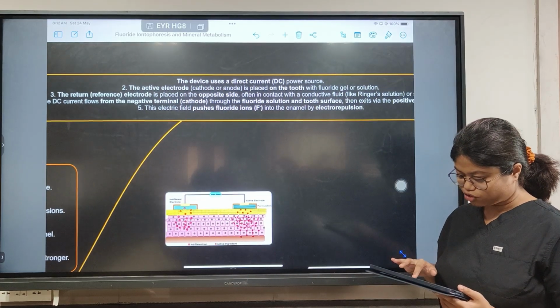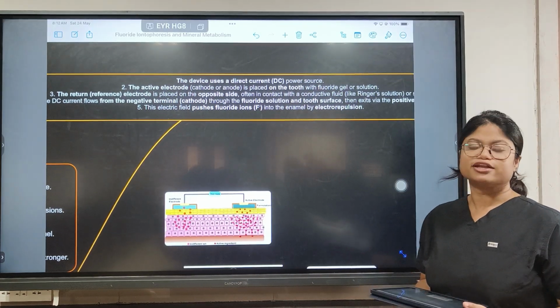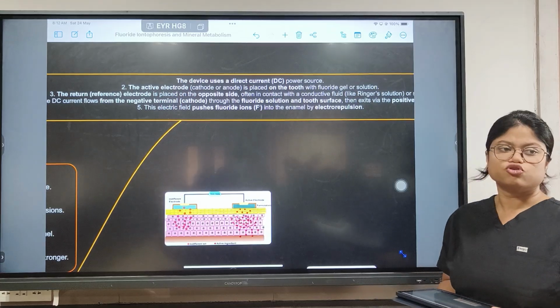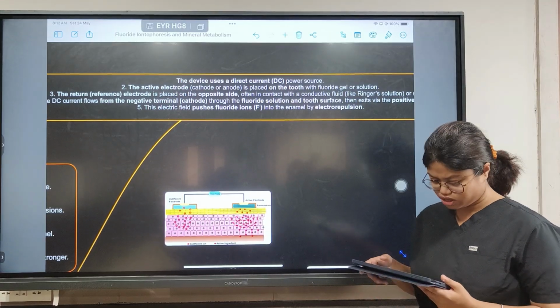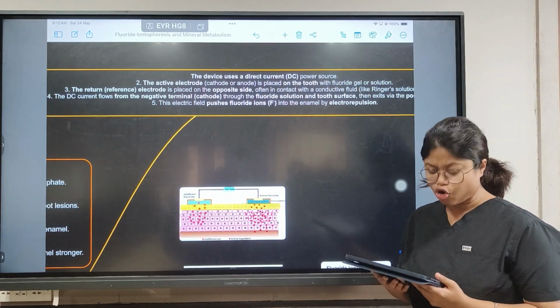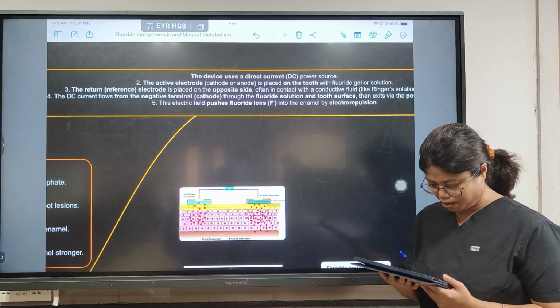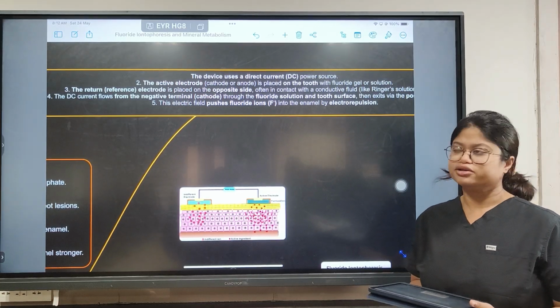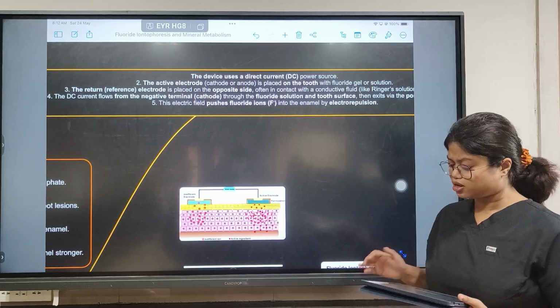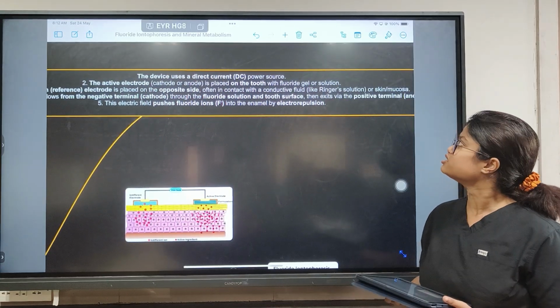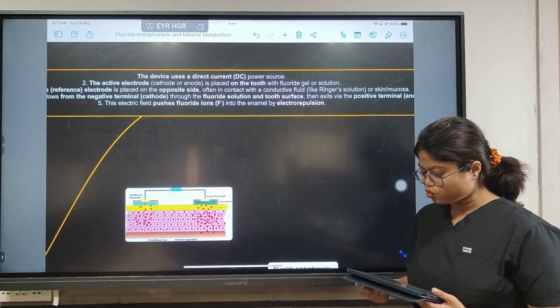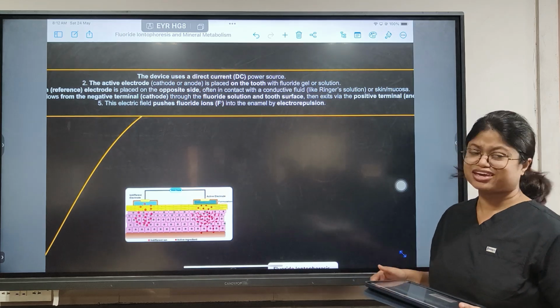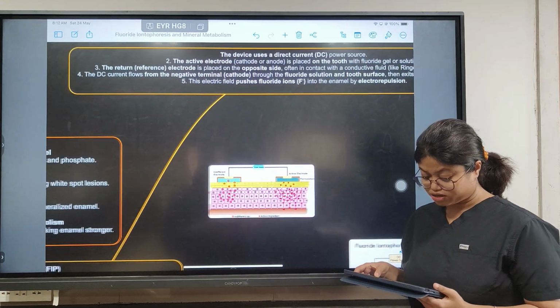The active electrode is placed on the tooth to be treated with fluoride gel or solution. Second, the return or reference electrode is placed on the opposite side, in contact with fluid, specifically Ringer's solution in general, which will be applied to the skin or the mucosa.